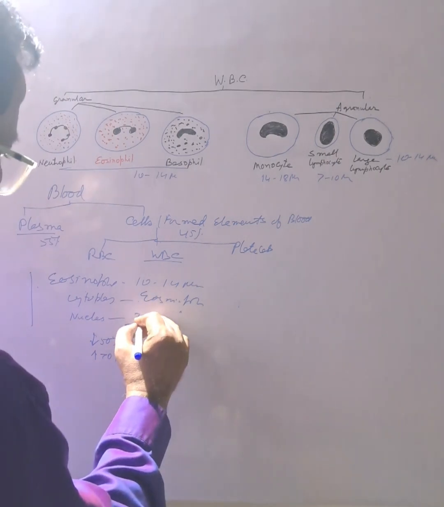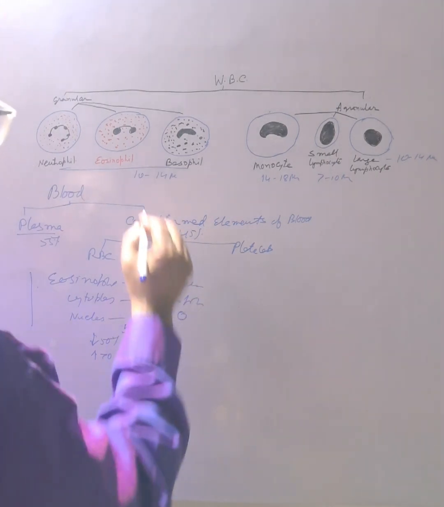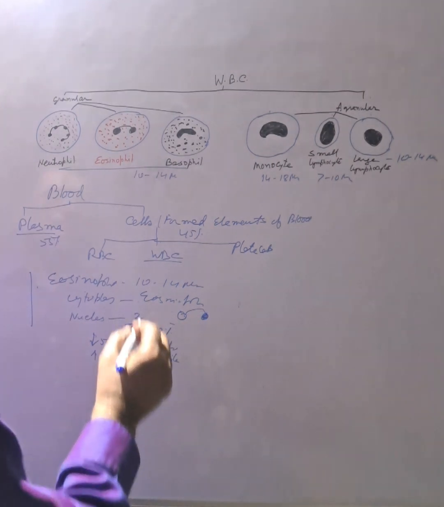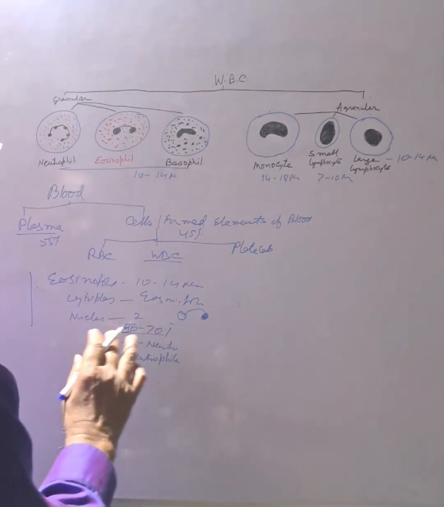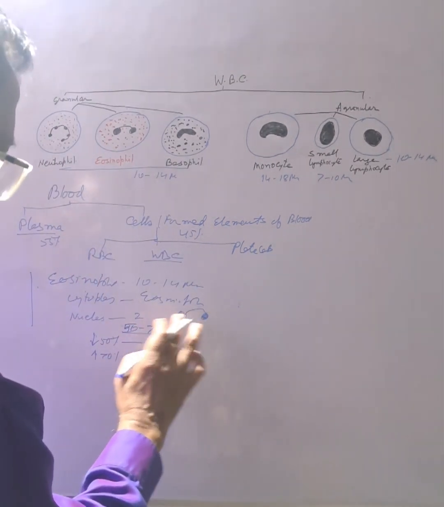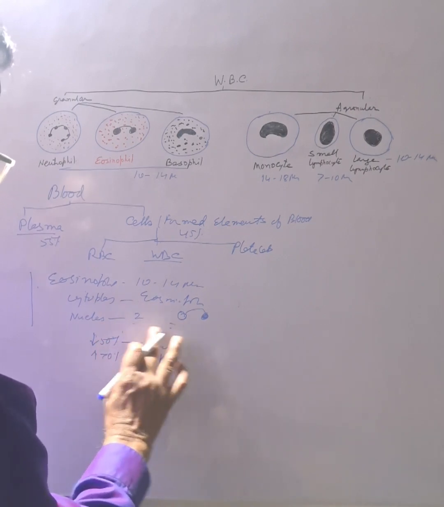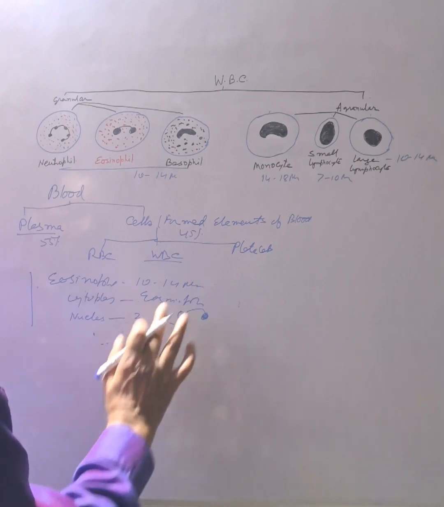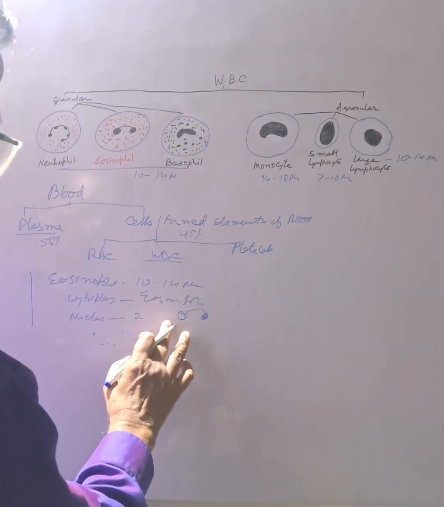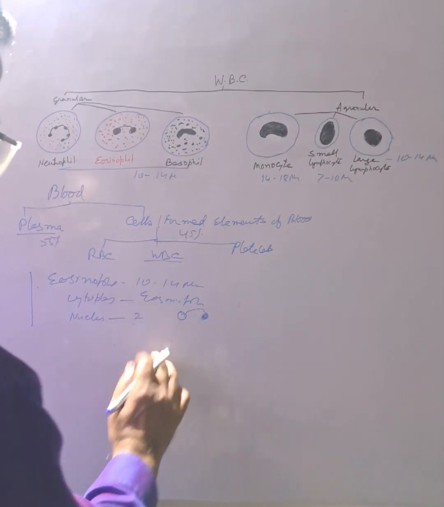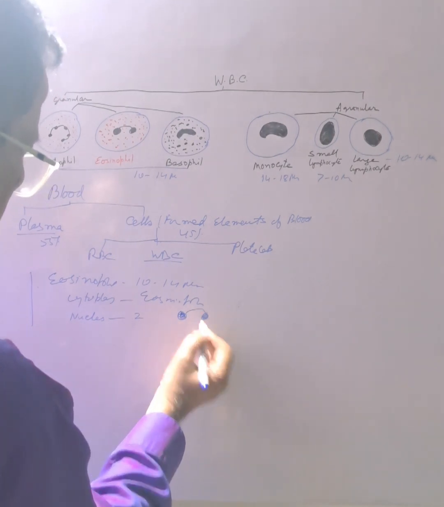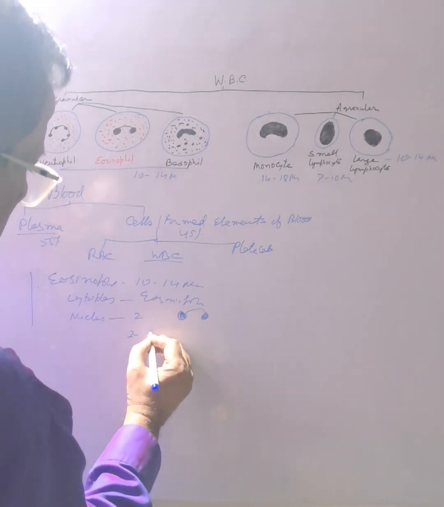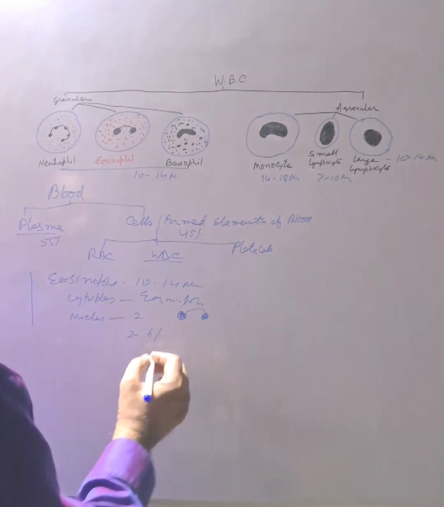The nucleus is bilobed and appears like spectacles. Its percentage is 2 to 6%.